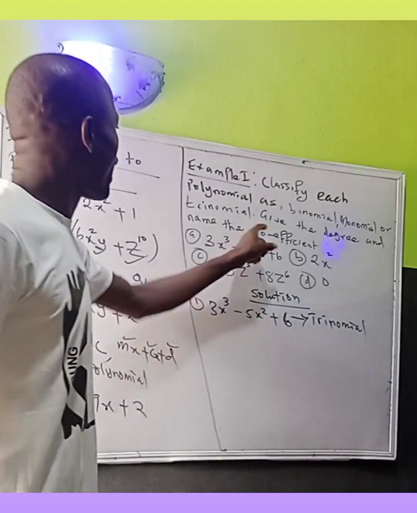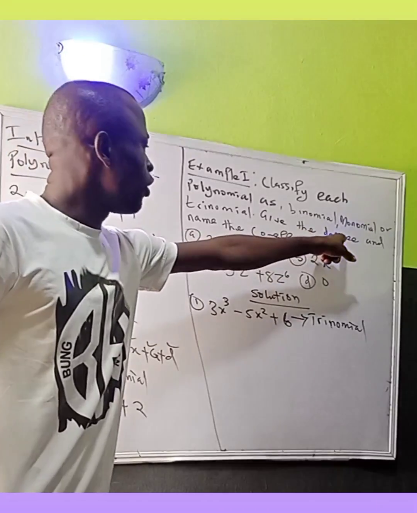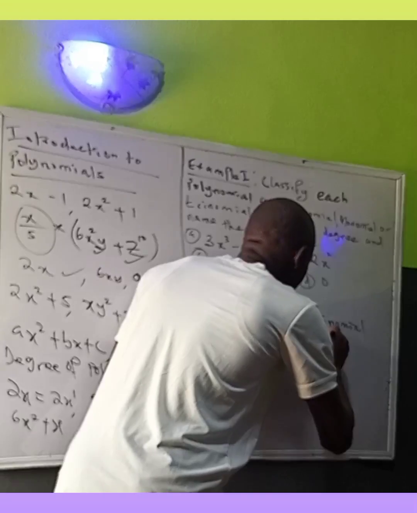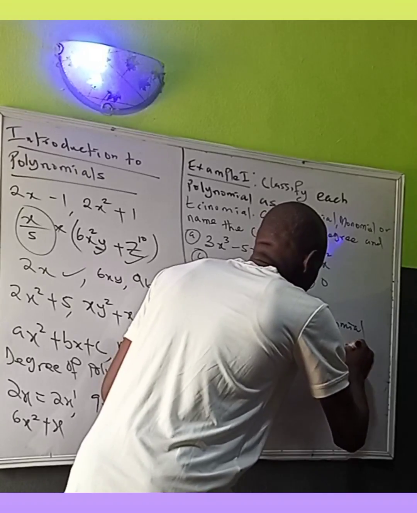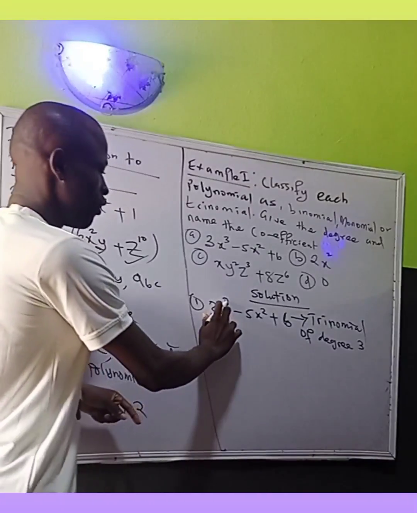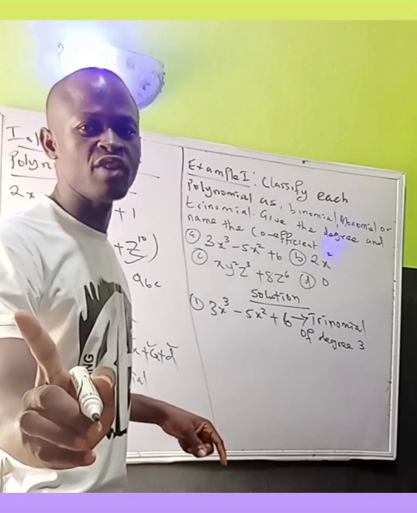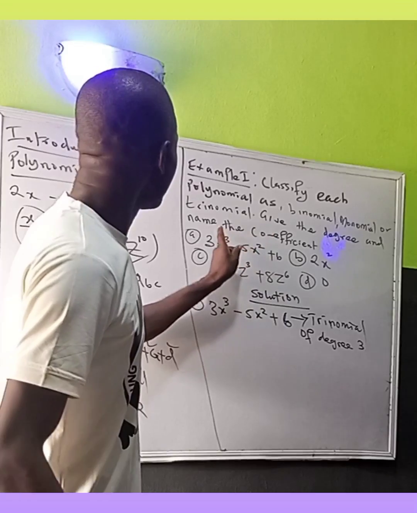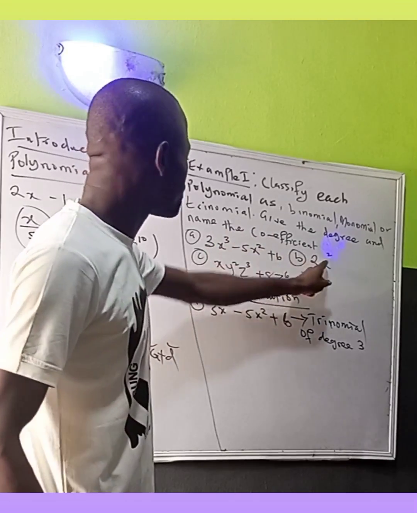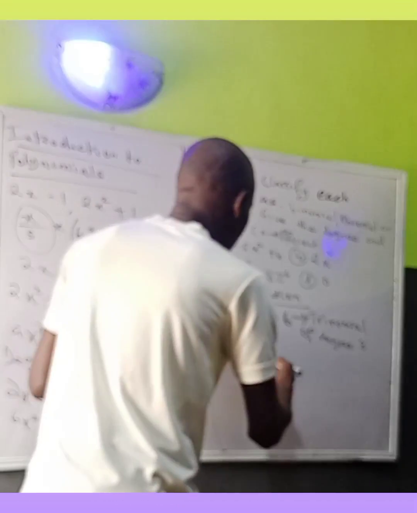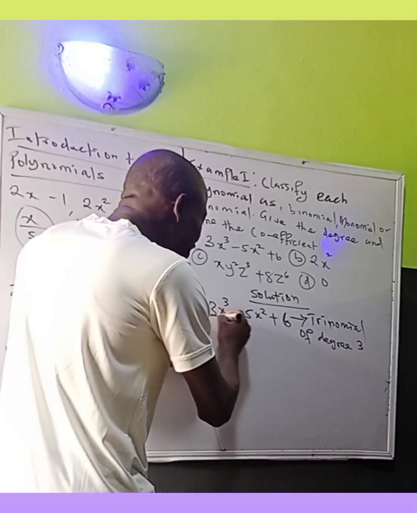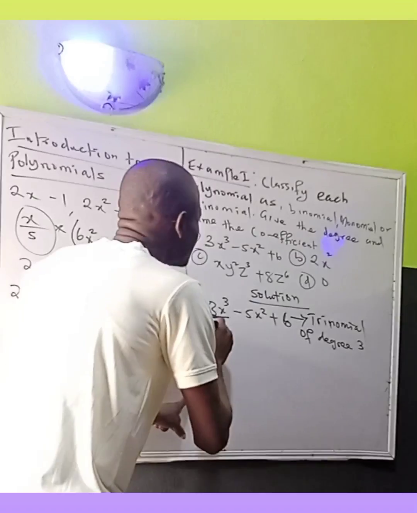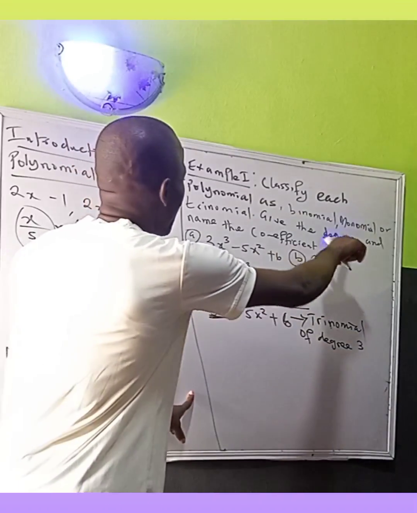The next thing is the degree of the polynomial. This polynomial is of degree 3. The highest power of the unknown here is 3. So that's why the polynomial is of degree 3. Then the next question asks for the coefficient of the leading degree.